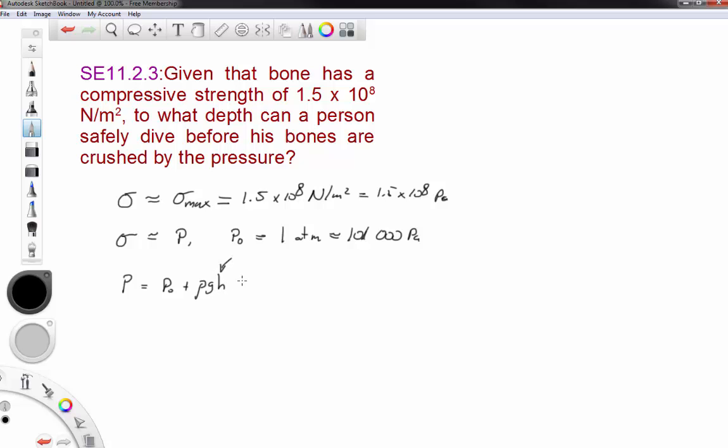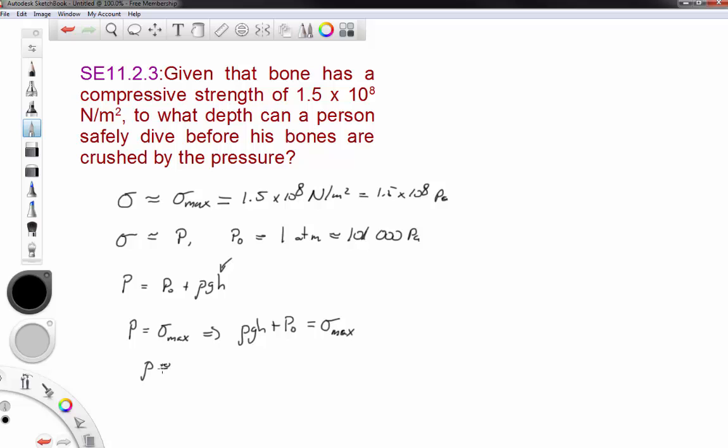And so what we're looking for is this one right here, given that P is basically going to be the max stress. So this means that rho times g times h plus the pressure at the top of the water is going to be equal to the maximum stress. Now, I didn't really specify what kind of water we're talking about, but presumably, since we're diving this deep, it's ocean, so salt water.